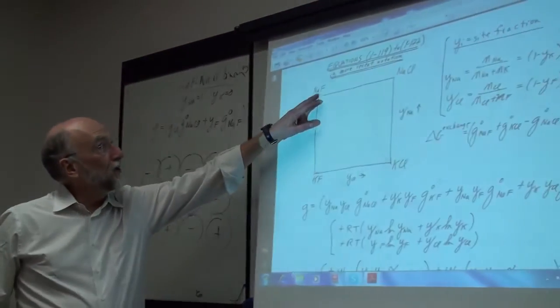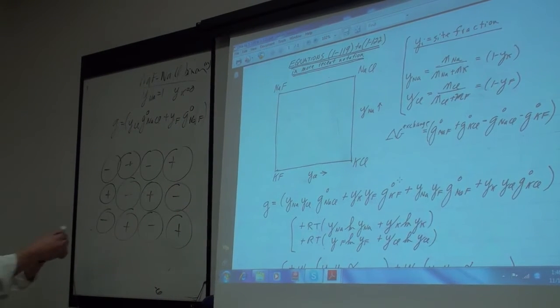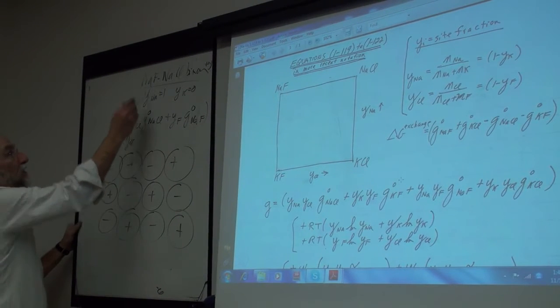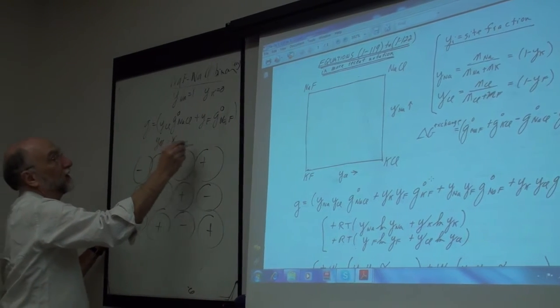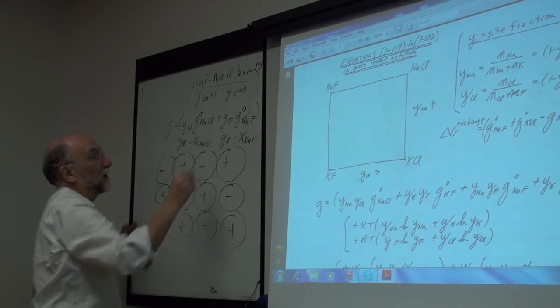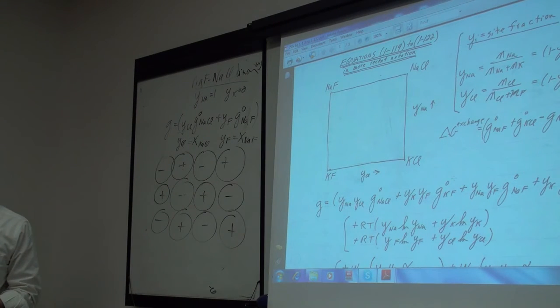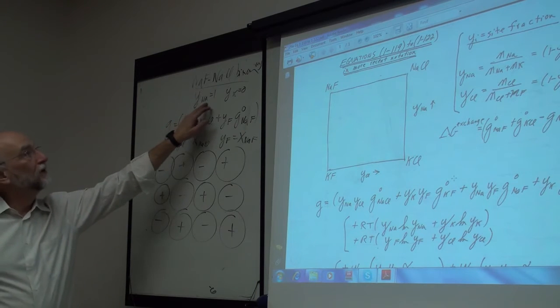It gives the energy if you mix sodium fluoride and sodium chloride. Along that binary, Y chlorine equals the mole fraction of sodium chloride, and Y fluorine equals the mole fraction of sodium fluoride. One sublattice is completely occupied by sodium.